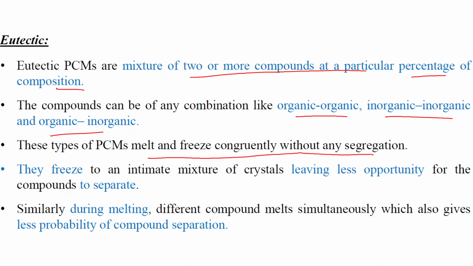Sometimes they can, that is also a disadvantage, but most of the time, if you form a good eutectic solution, then they won't segregate. They freeze to an intimate mixture of crystals, leaving less opportunity for compounds to segregate. Similarly, during melting, different compounds melt simultaneously, which also gives less probability of compound separation.